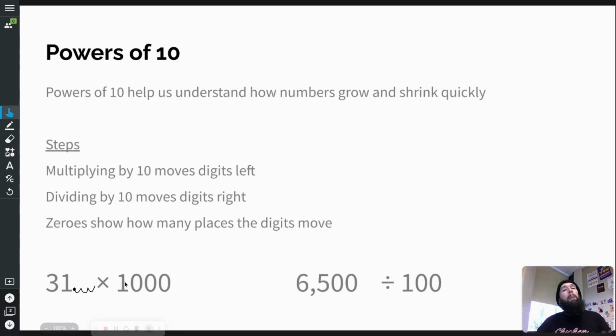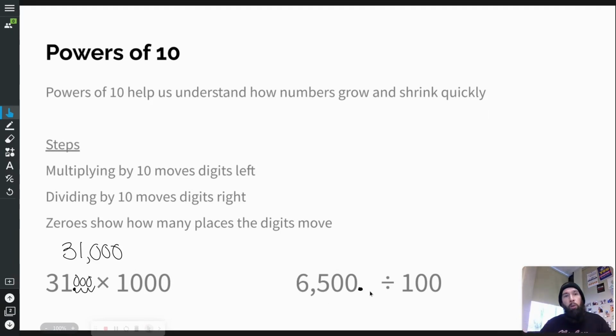By multiplying it by 1,000, I'm making my number bigger. I'm going to fill in those spaces with zeros. And so 31 times 1,000 becomes 31,000.